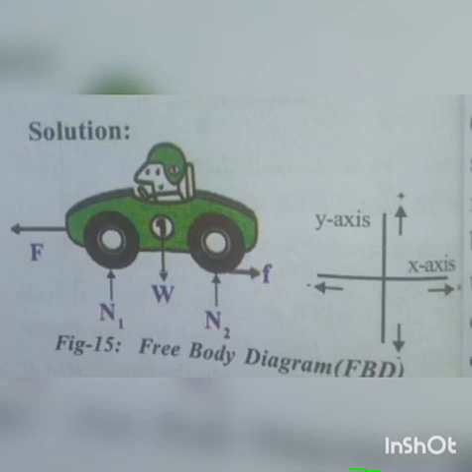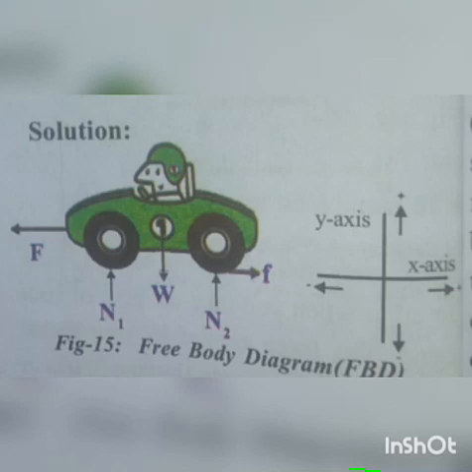So the weight of the car due to gravity acts downwards, and at the same time there are two forces, N1 and N2. Observe the figure. N1 is normal force 1 and N2 is normal force 2. Here normal force works on the car in the vertical direction.